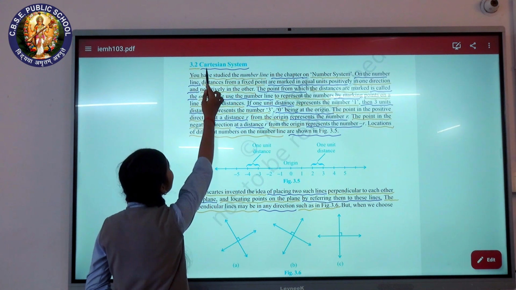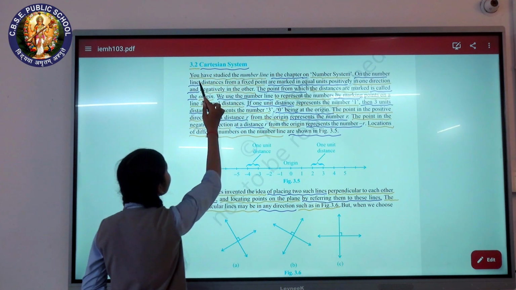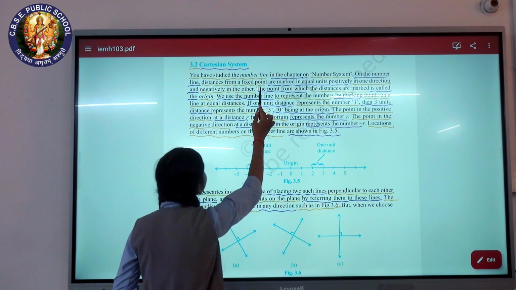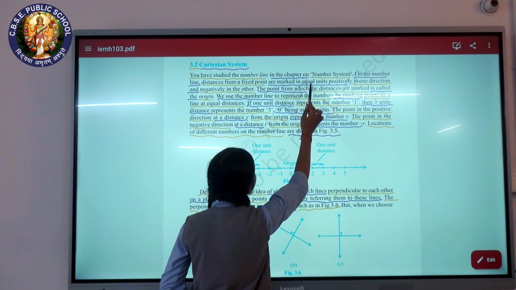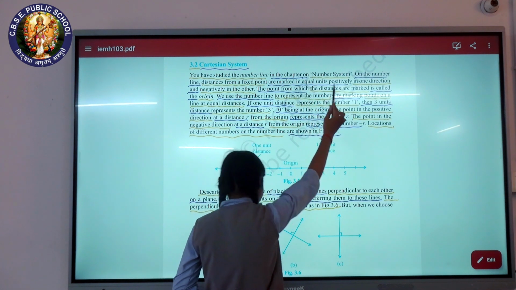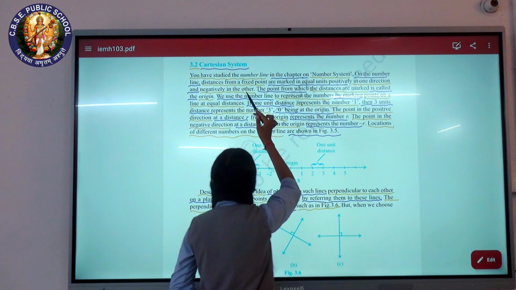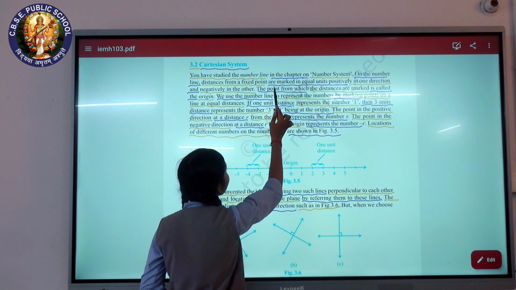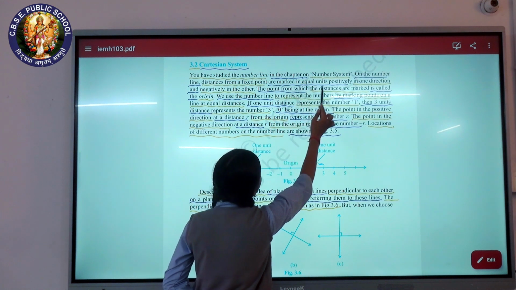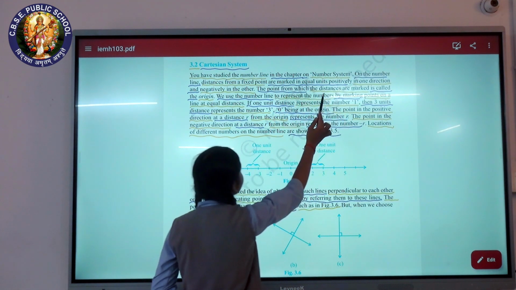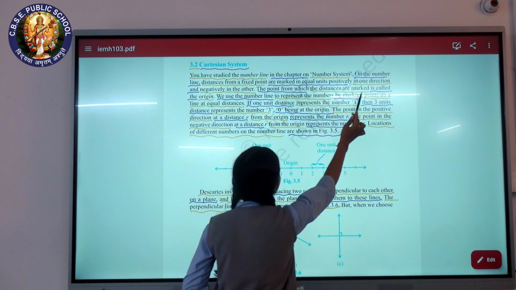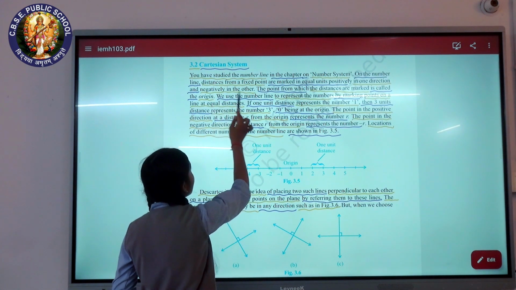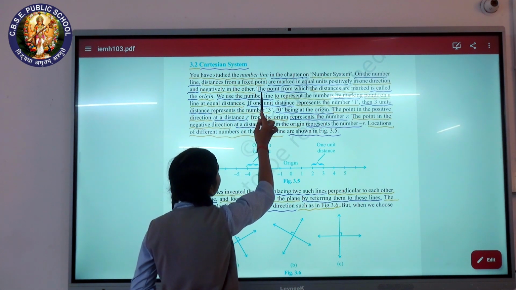3.2 Cartesian system. You have studied the number line in the chapter on number system. On the number line, distances from a fixed point are marked in equal units positively in one direction and negatively in the other.